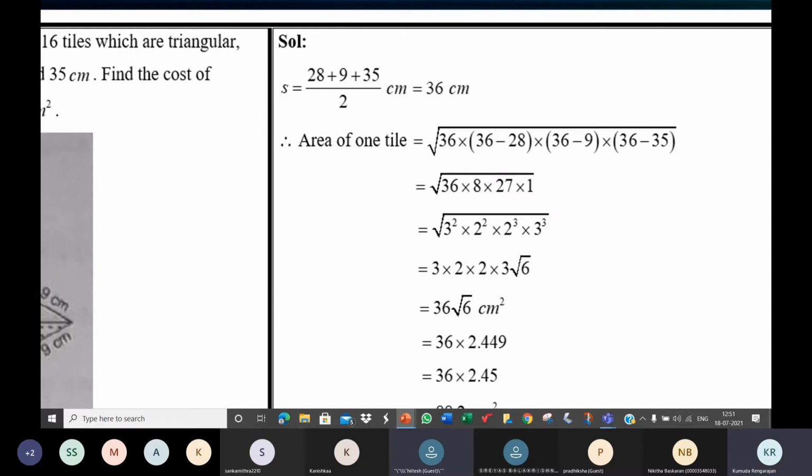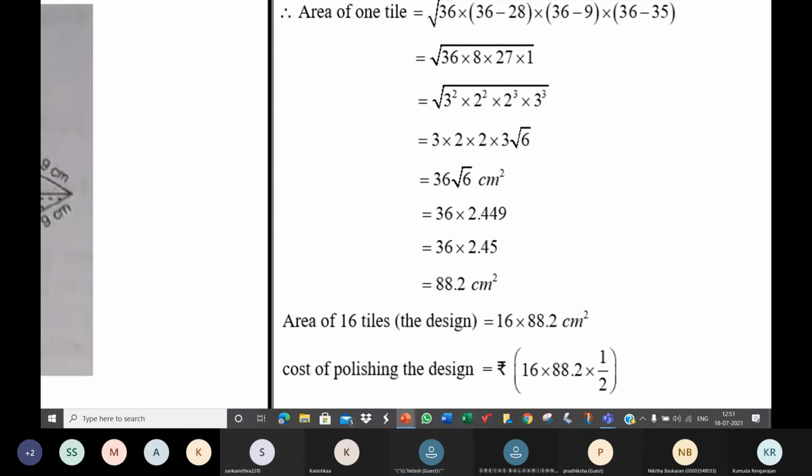So here again, children. The area of 16 tiles is 540 root 6, ma'am. Okay, I have not computed it because I just used it like that for total cost. So 36 root 6, and children, the value of root 6 will be given to you in the question.